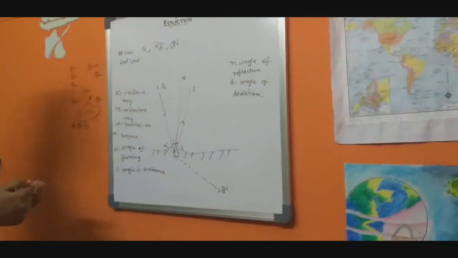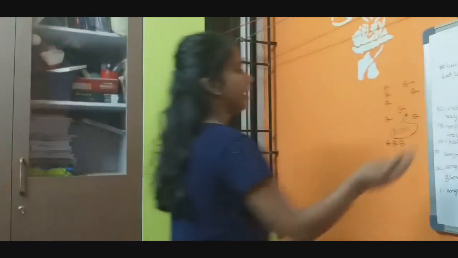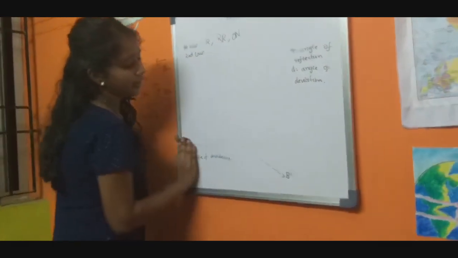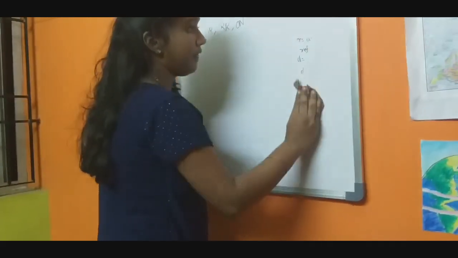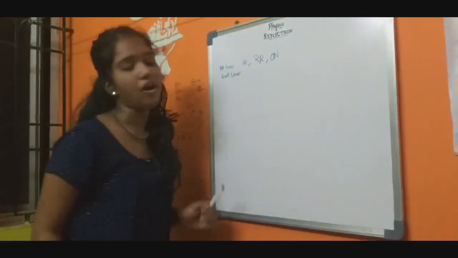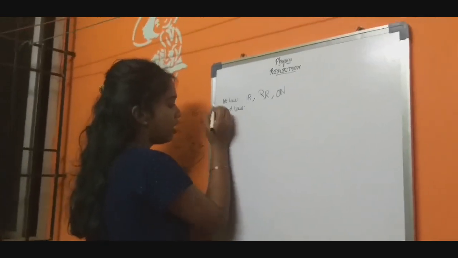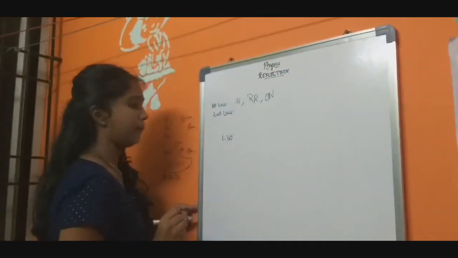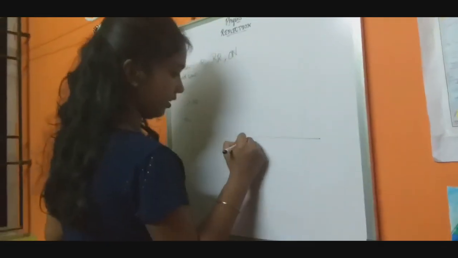Then they will ask one question: I is equal to 30 degrees, find the angle of reflection, angle of deviation, and angle of glancing. See, here they gave I is equal to 30 degrees. What we should find is the glancing angle.